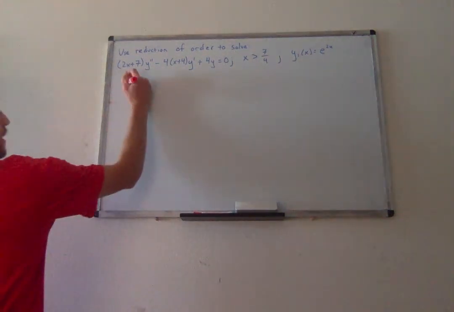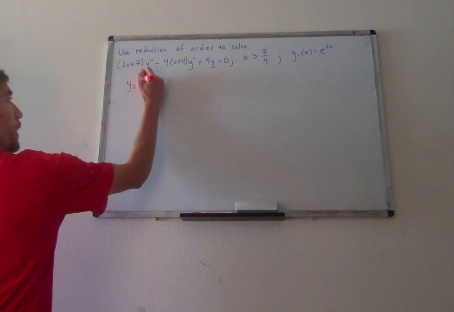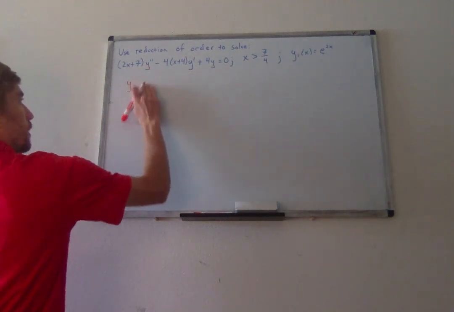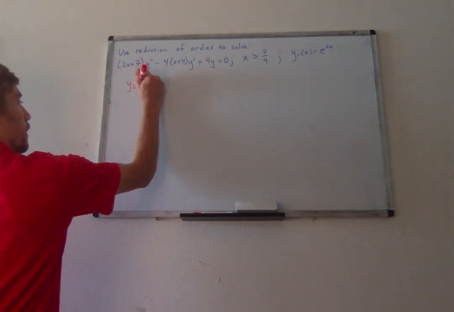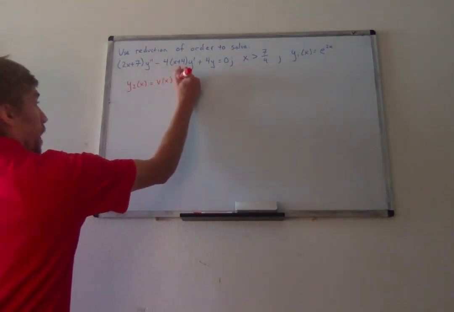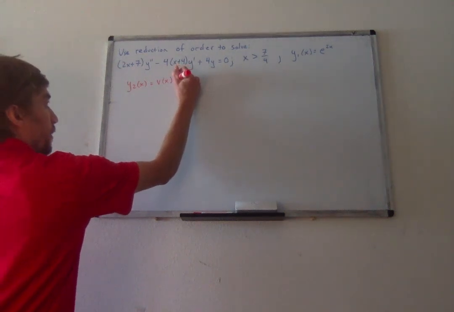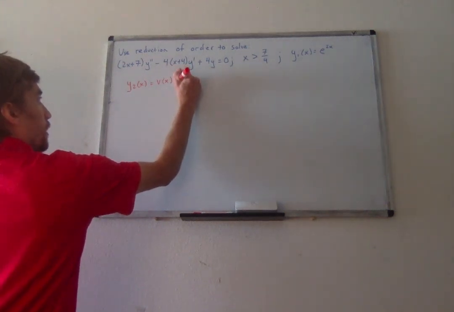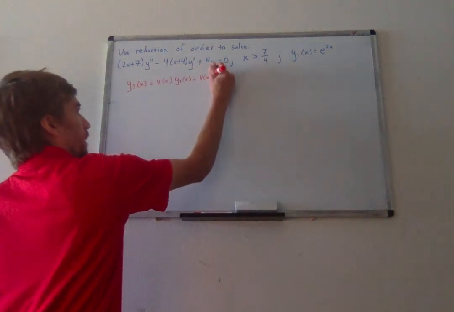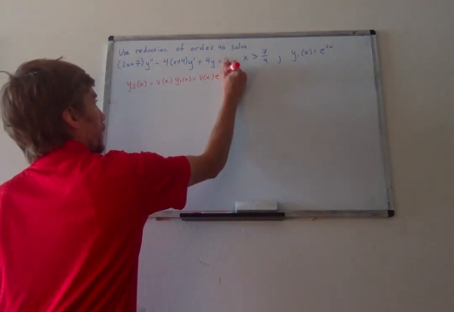So remember, since it's second order, we know that our second solution, y2 of x, should equal some non-constant function v of x times y1 of x. And so in this case, we get v of x times e to the 2x.